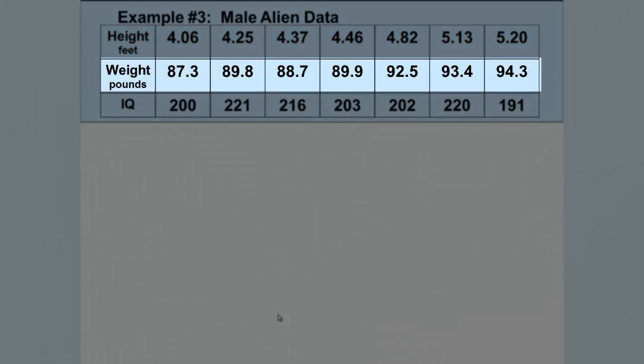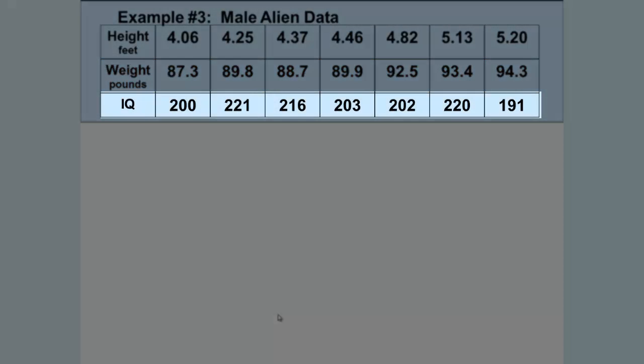We have the weight in pounds of 87.3, 89.8, 88.7, 89.9, 92.5, 93.4, 94.3, and the IQ of 200, 221, 216, 203, 202, 220, and 191.